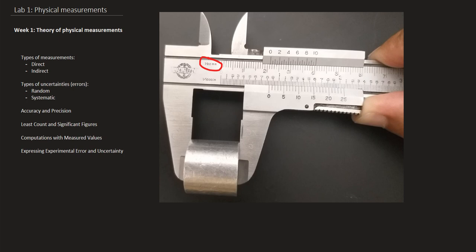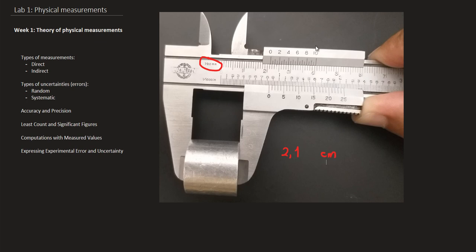So what we conclude here is that if it starts from 0, we will find another 0 here, and this 0 falls into this line. Try to see that we have a 2 and then another line, indicating that we have more or less a measurement of 2.1 centimeters.